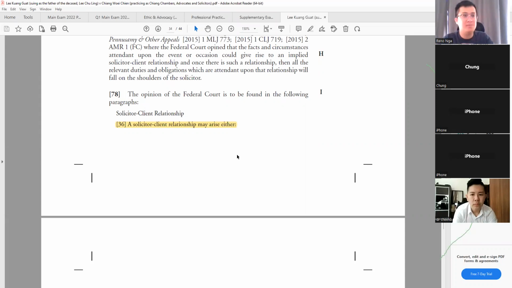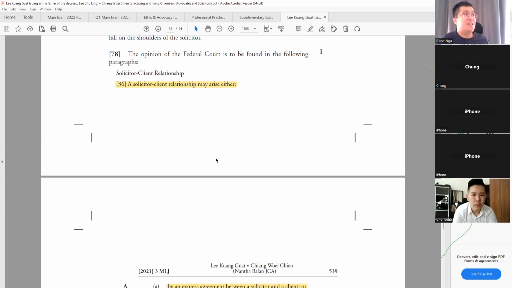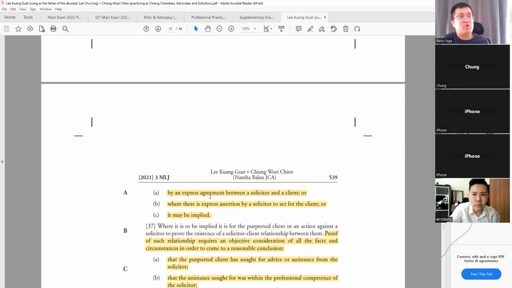Okay, the case law I have, because LPQP don't really give a relevant case law, so I found it myself. I think this is quite useful because here they especially mention that a solicitor-client relationship may arise either (a) by express agreement, like I say, expressly we have a letter of appointment, or (b) where there is an express assertion by a solicitor to act for the client.